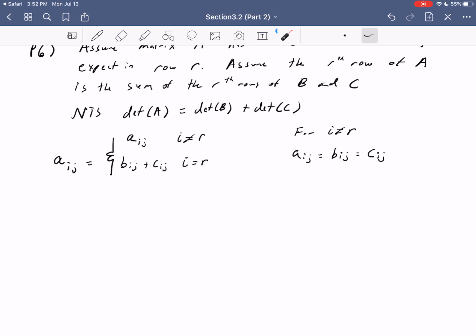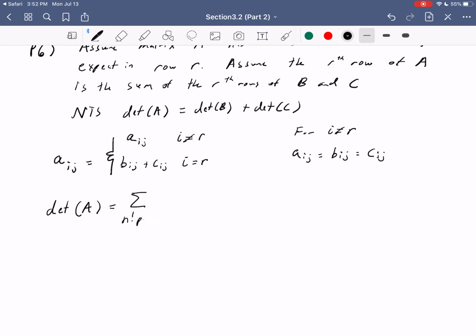Okay, so let's go ahead and talk about the determinant of A. The determinant of A is going to be that sum over the n factorial different permutations, the sign of each permutation times A1P1 down to ANPN.